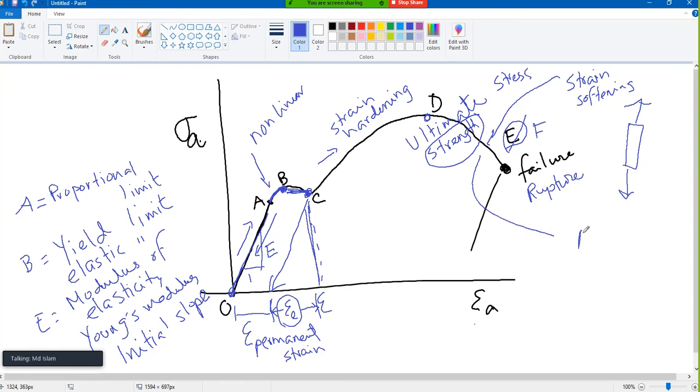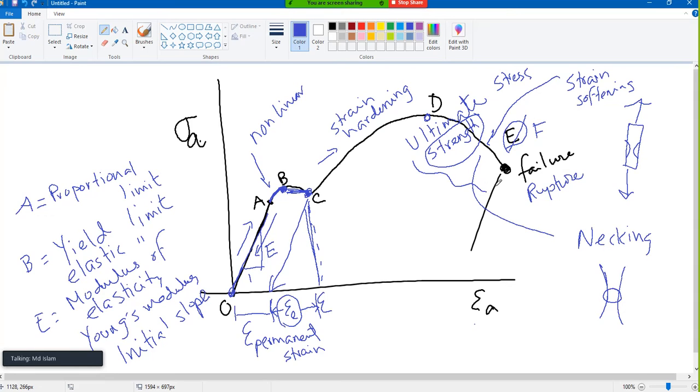Another term is necking. What is necking? I can define it now very quickly. If I apply tension, the cross-sectional area of the middle portion will decrease, and it will look like a neck. We see this necking in this region, after the ultimate and before failure.